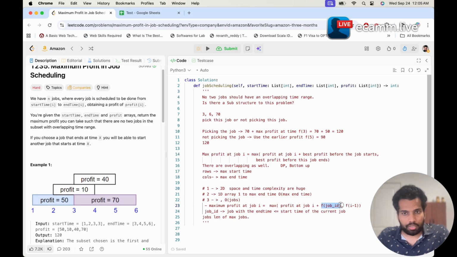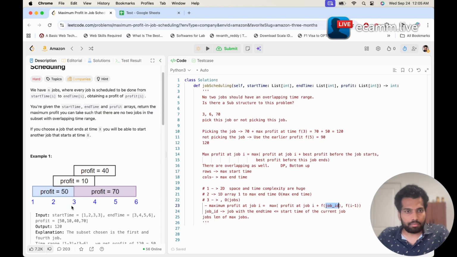So for this operation, it would take log n, because what we're essentially asking here is to find the job ID.